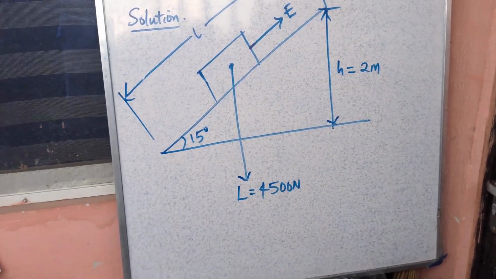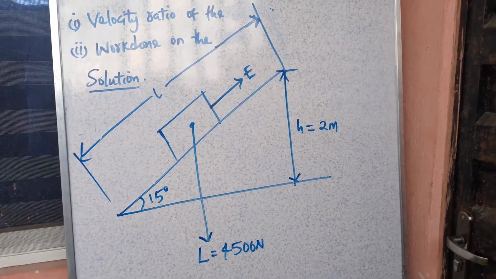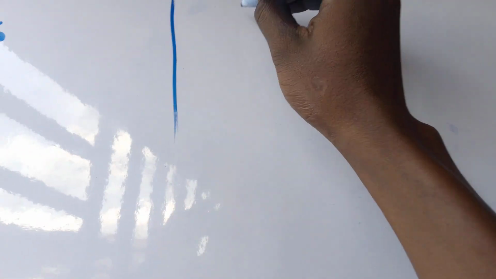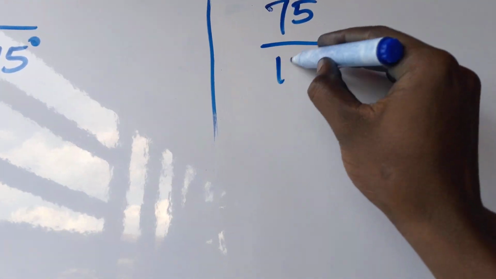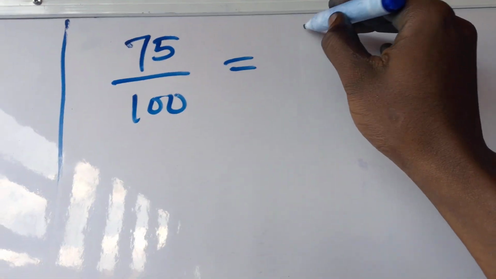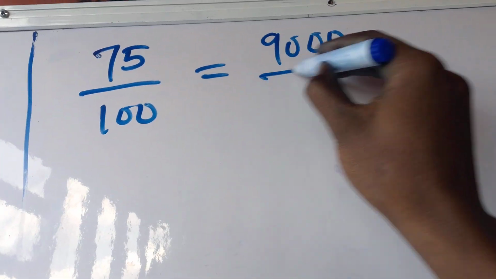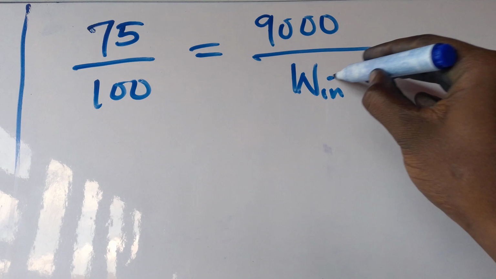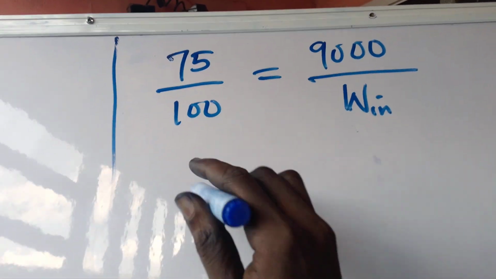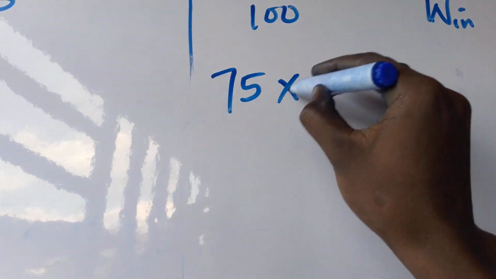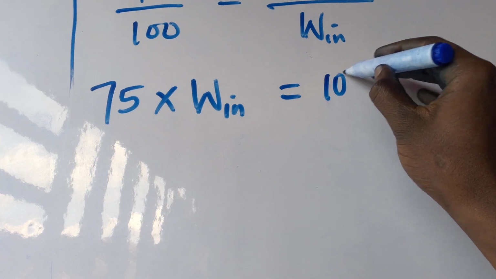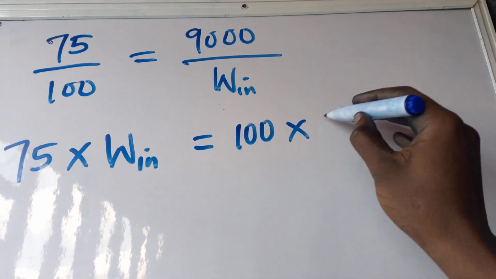You have the load as 4,500 Newton and the distance moved by load is the height of the inclined plane, which is 2 meters. So this now is 75 over 100 equal to 9,000 divided by the work input. Okay, so if I make this subject of formula, I will cross multiply. That is 75 times work input is equal to 100 multiplied by 9,000.